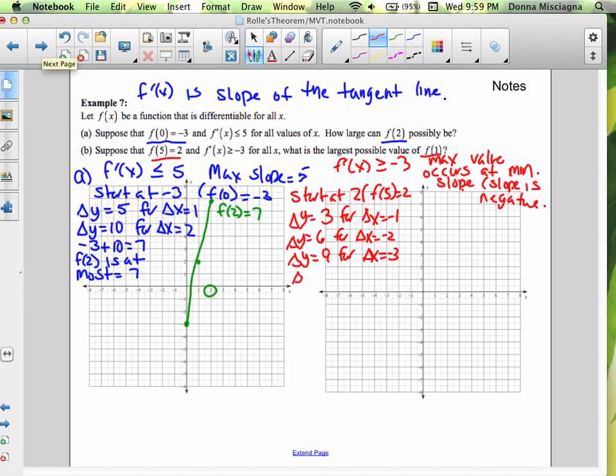So one more: change in y equals 12 for a change in x equaling negative 4. So we're going 4 back. What did we start at? 2. Plus 12 is going to give us 14.